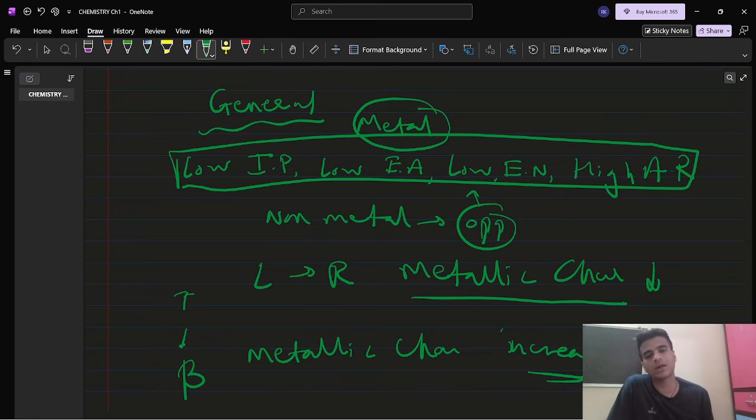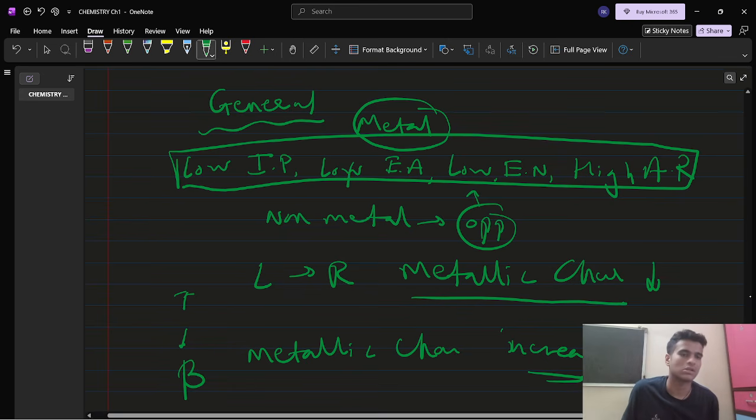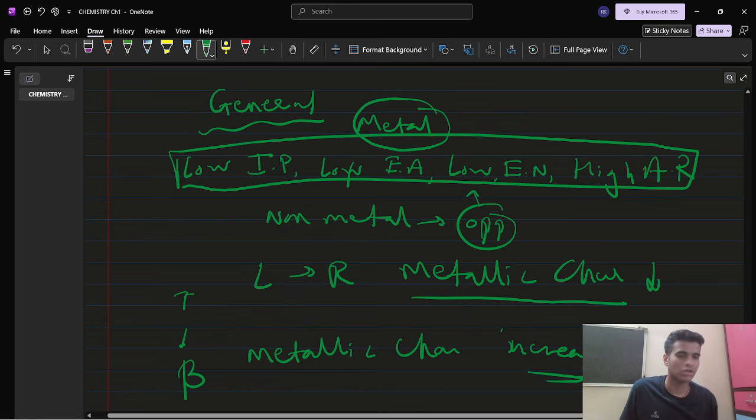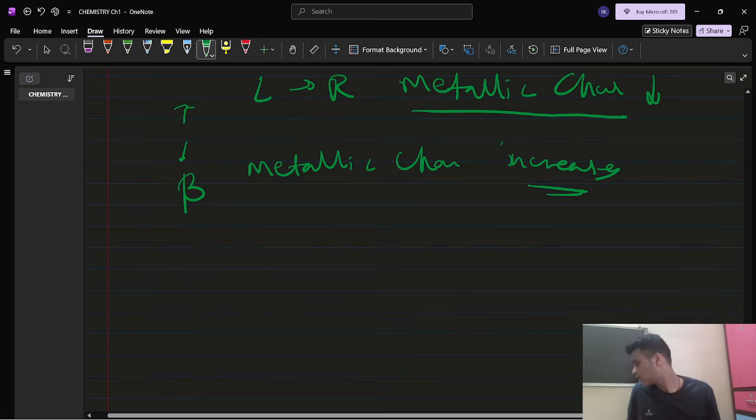Your metallic character increases मतलब सोडियम, पोटेशियम, रुबीडियम ऐसा अगर जा रहा है तो सोडियम is less metallic than potassium. So as you go down IP decreases, radius increases, metallic character increases. So essentially, I think that is all the chapter.